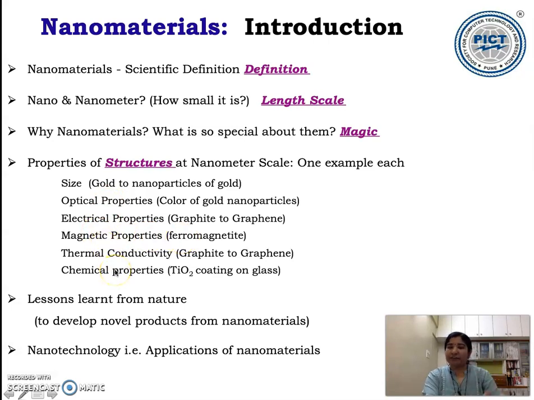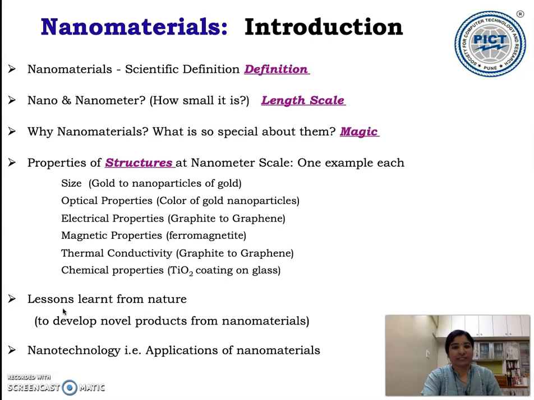When we study the materials, we'll go into detail on all this. So let's see how we can learn lessons from nature to develop novel products from nanomaterials. The objective here is to develop novel products by mimicking what nature is showing us.